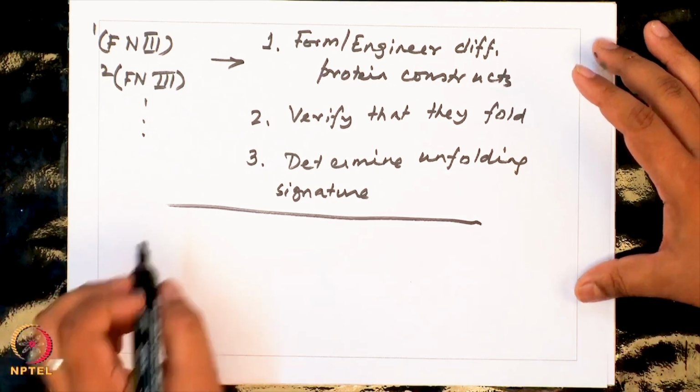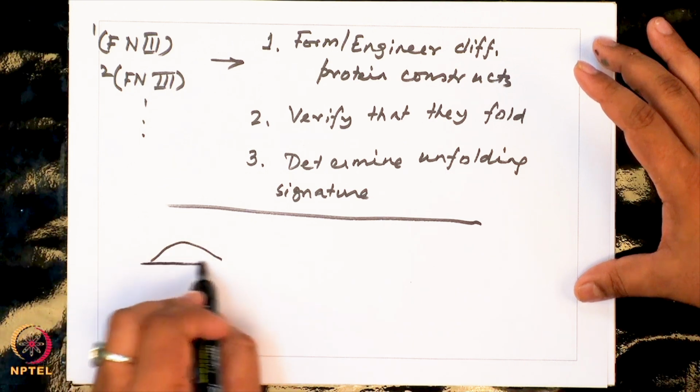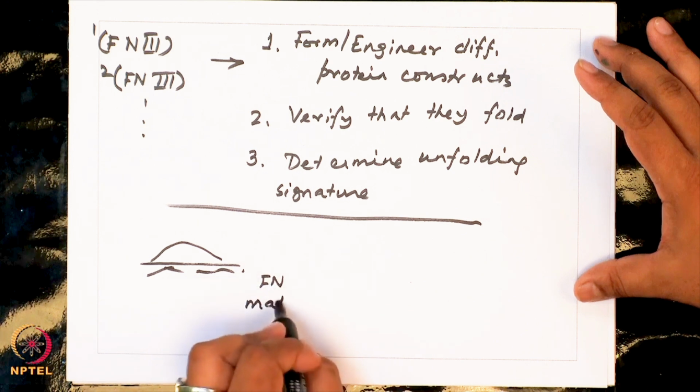Now, let us say you have these cells sitting on ECM proteins. Let us say sitting on fibronectin matrix.